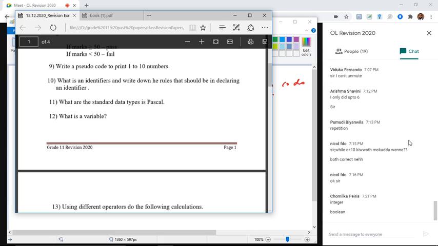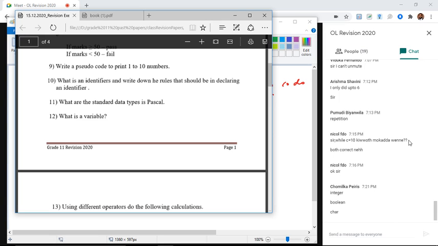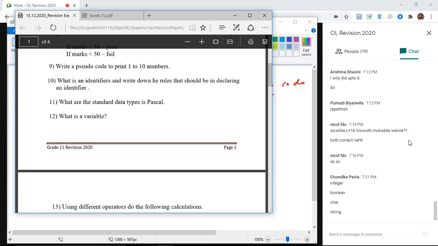Boolean, okay. What else? Char, okay. Then string, right. Many data types are there. These data types we are using to represent different types of data that you are entering into the program.